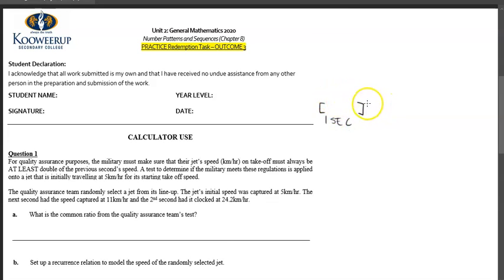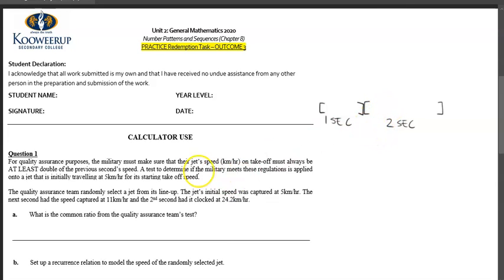Within the next second, that speed must be at least double the previous speed. So it needs to travel faster, at least twice as much. If it's traveling less, then it's not up to standard.